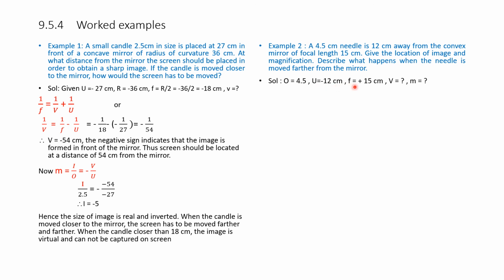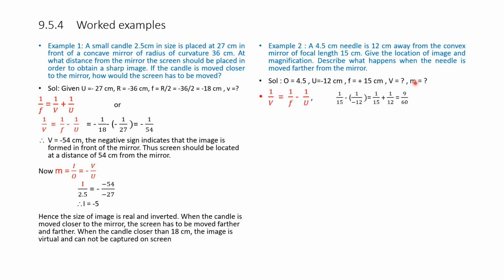and f is equal to plus. Please note here f is equal to plus because it is a convex mirror and f is on the other side of the mirror, at the back of the convex mirror. F is equal to plus 15 centimeters. We have to find out the image distance, and magnification also we have to find out.